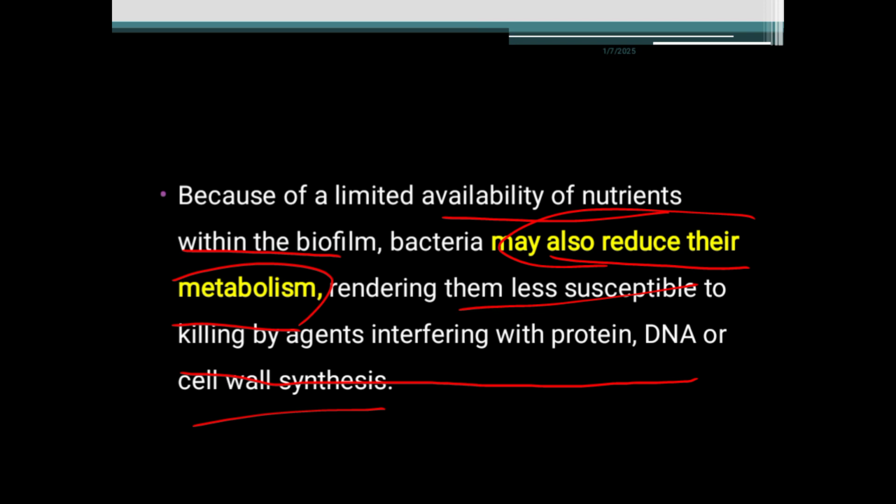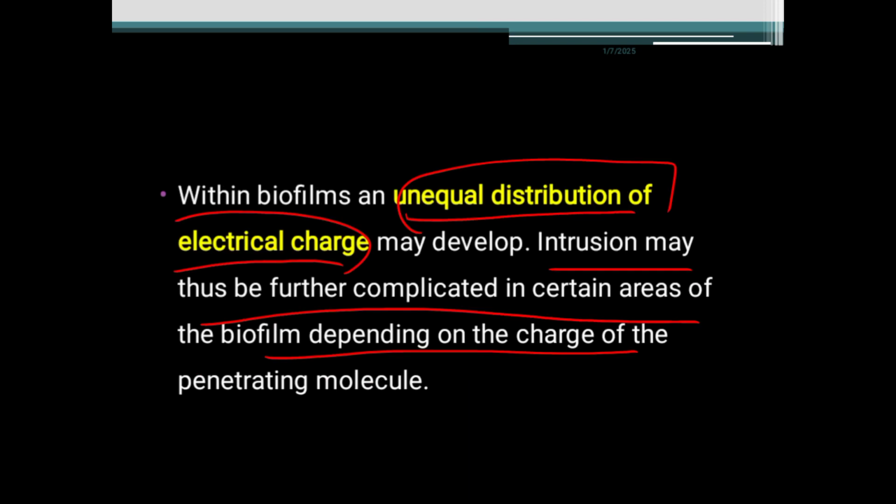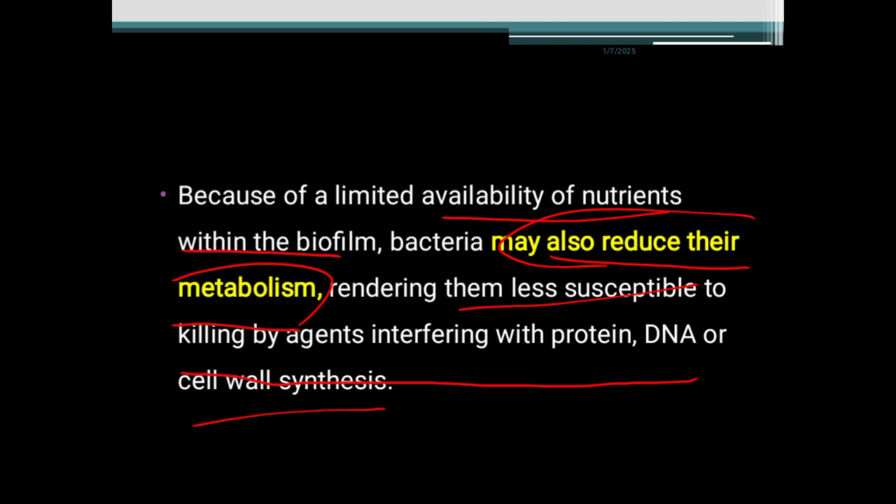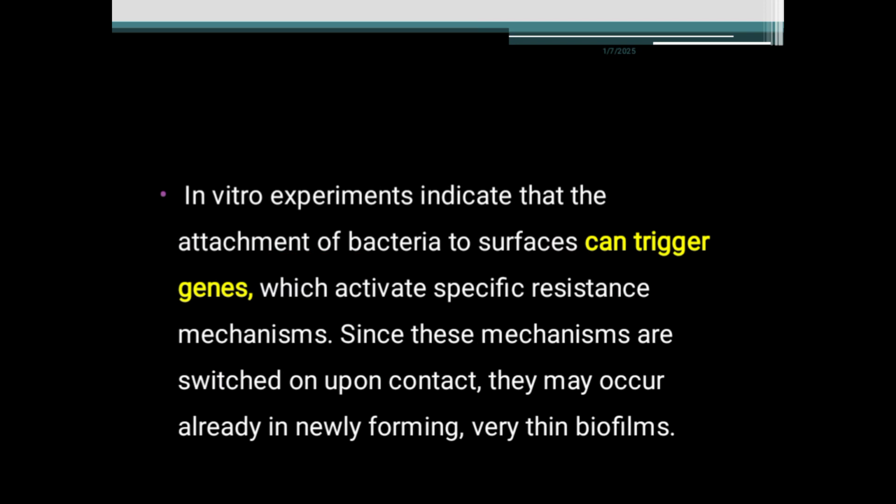If they reduce their metabolism, the medication will not enter them. So number one was limited diffusion, number two was the unequal distribution of electrical charge, and also reduced metabolism.